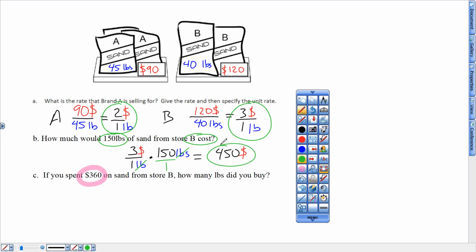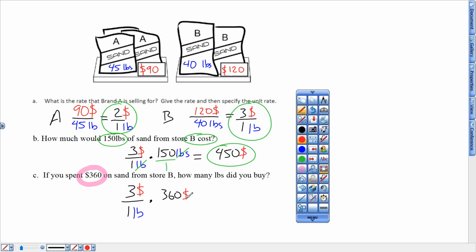All right, now here's a tough concept. You're going to store B. They're telling you $360. So if you're going to store B and you started setting it up like this, $3 for every 1 pound, like Marshall's been showing me, if I times that by $360, I got a problem. Uh-oh.